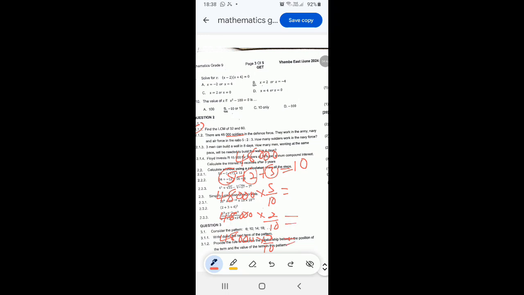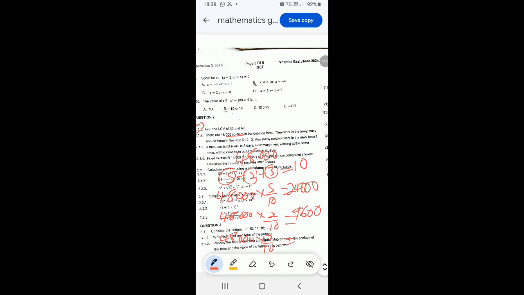Now let's write our answers. These are the number of soldiers. 48,000 times 5/10. So we have 24,000 soldiers here. Let's go to 2. The ratio of 2. We have 9,600 soldiers there.